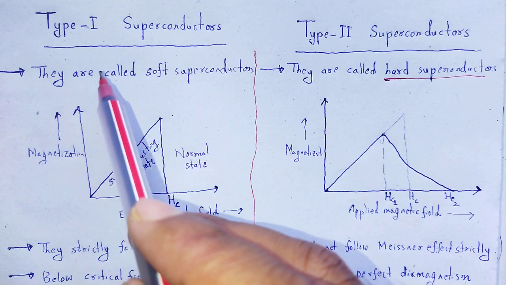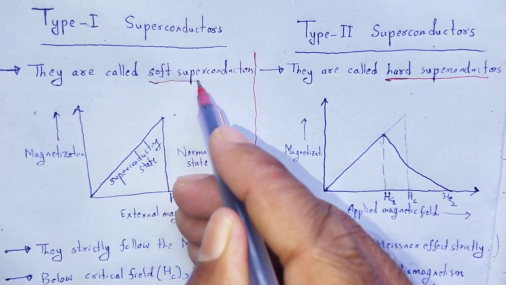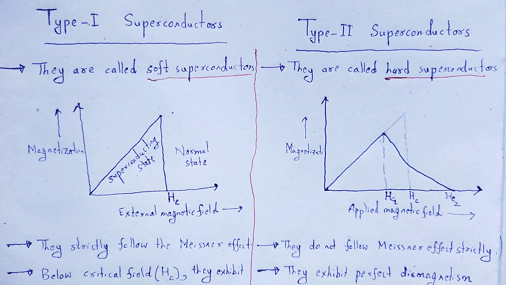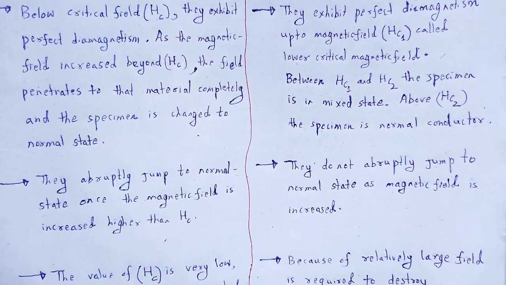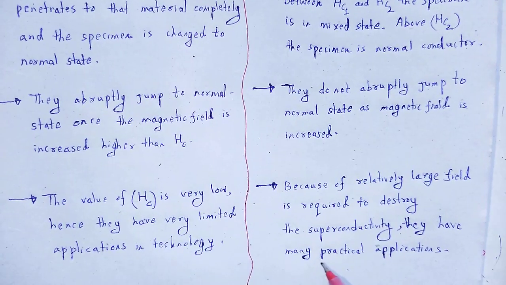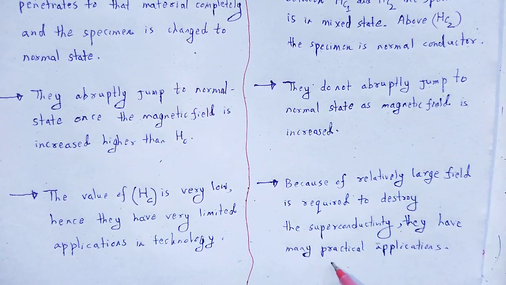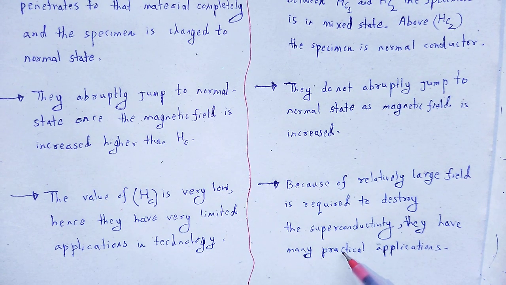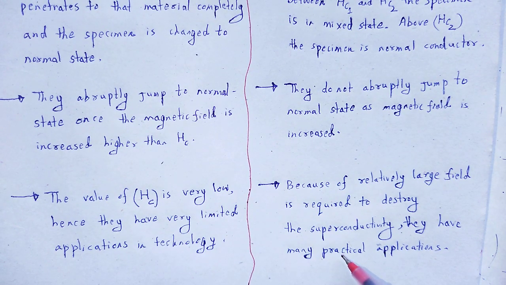And similarly type 1 is a soft superconductor, as it requires a small amount of external magnetic field. We use type 2 superconductors in particle accelerators and fusion reactors.